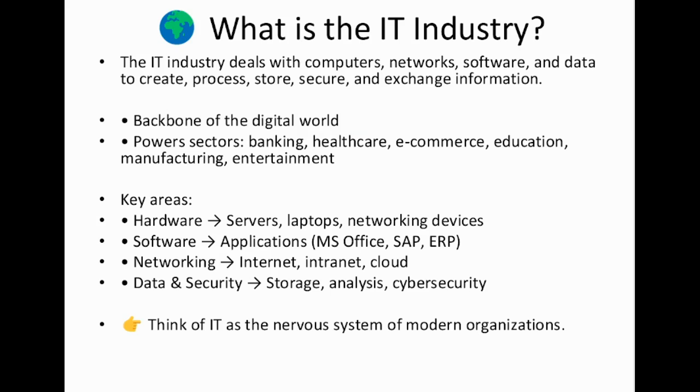It powers sectors like banking, healthcare, e-commerce, education, manufacturing, and entertainment. Key areas: hardware, where servers, laptops, and networking devices come in. In software, applications like MS Office, SAP, and ERP.